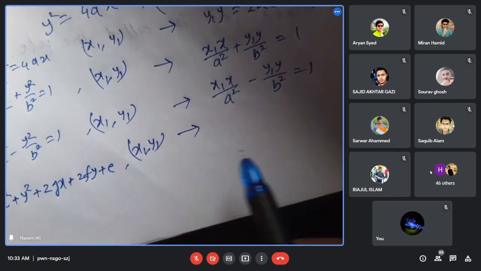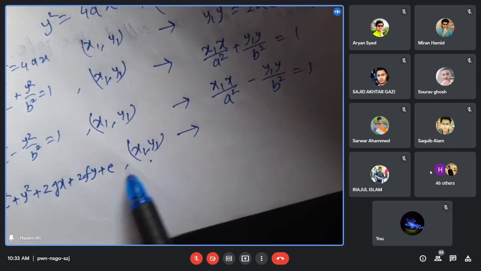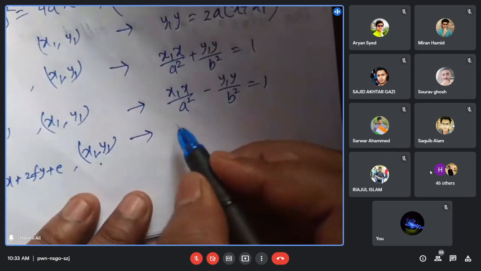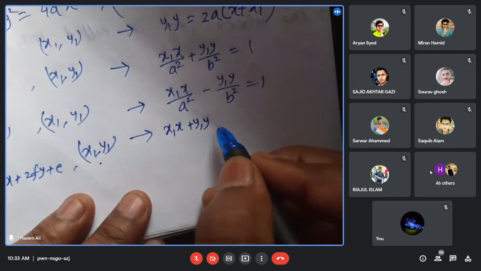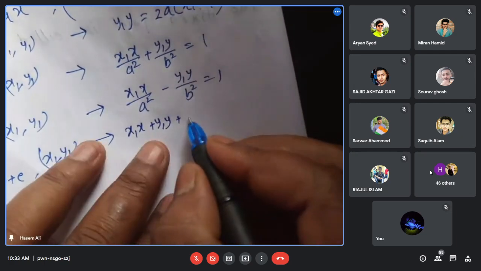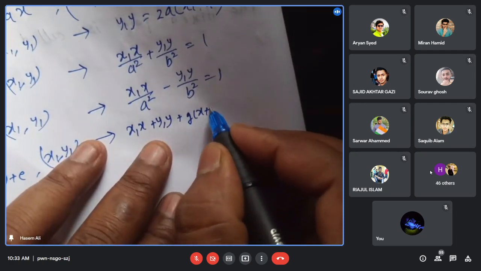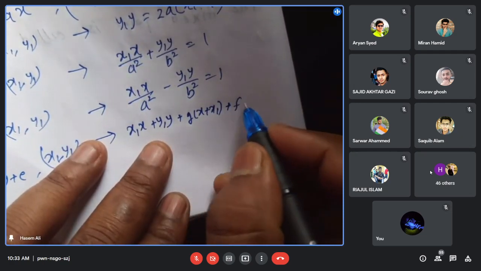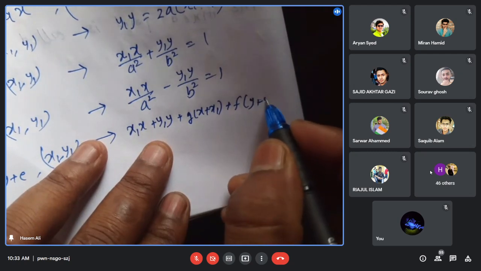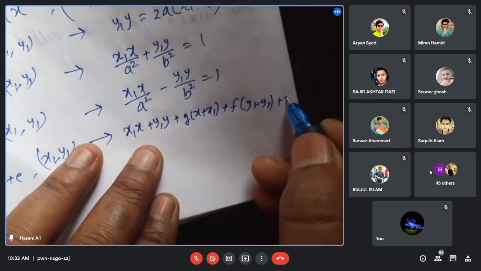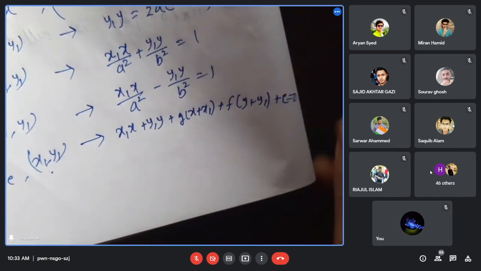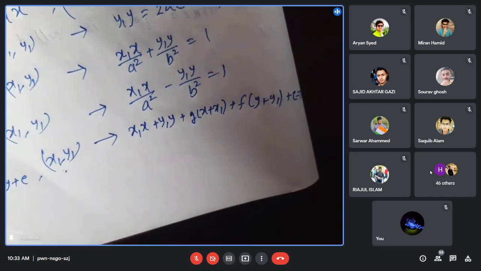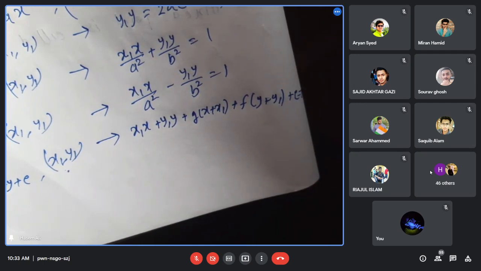Then the polar of this point with respect to this circle will be x1 x plus y1 y plus g into (x plus x1) plus f into (y plus y1) plus c equals 0. So the equation of the polar and the equation of the tangent are the same.